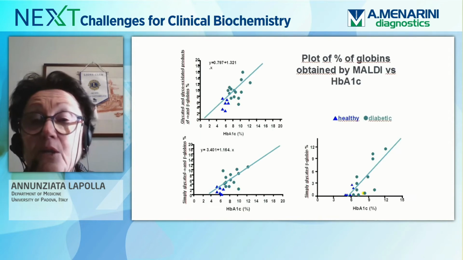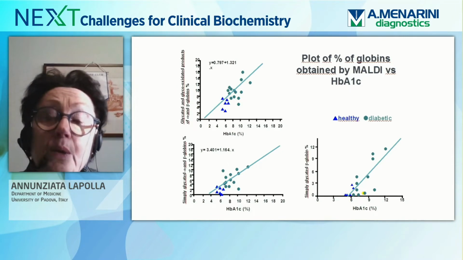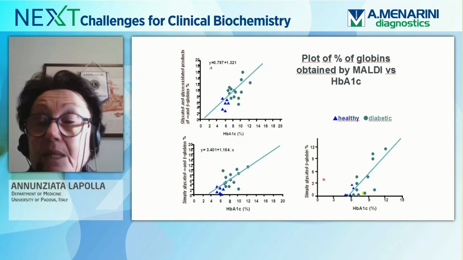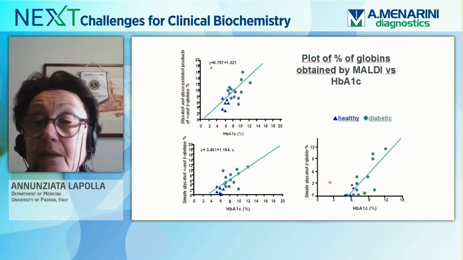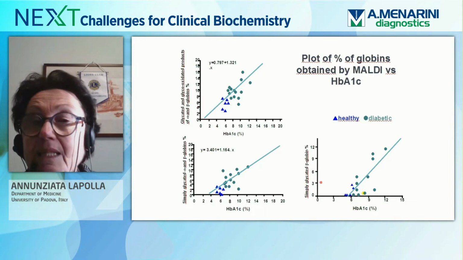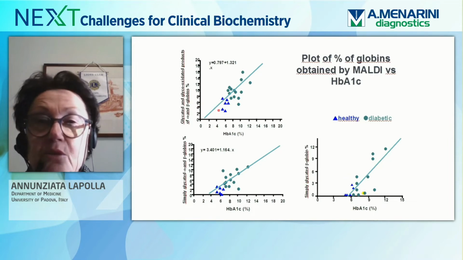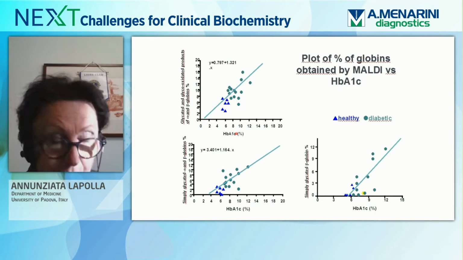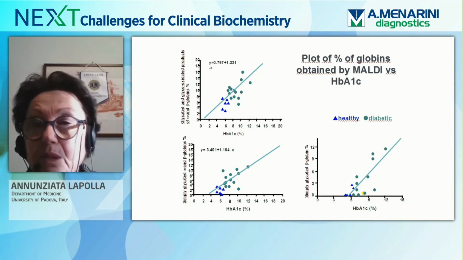And when we try to plot HbA1c levels evaluated with the conventional methods against simply glycated alpha and simply glycated beta globins, you can see that the correlation is not very high. The correlation became acceptable when we correlate HbA1c with the glycosylated alpha and beta levels obtained by mass spectrometry.